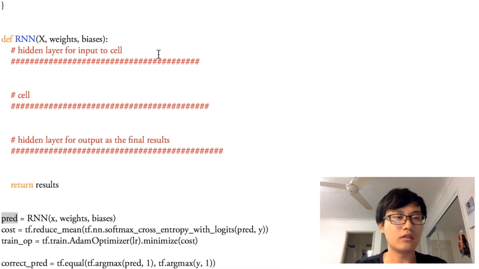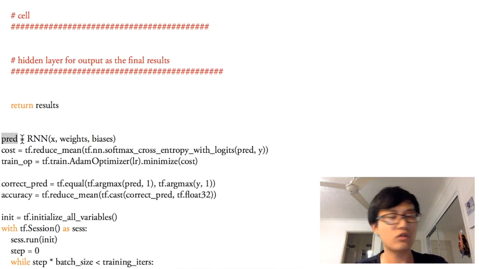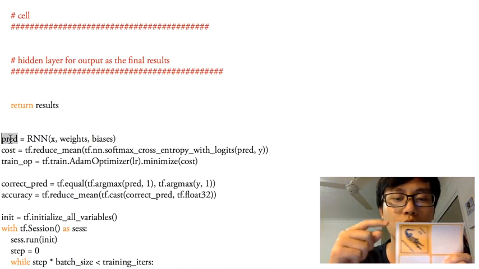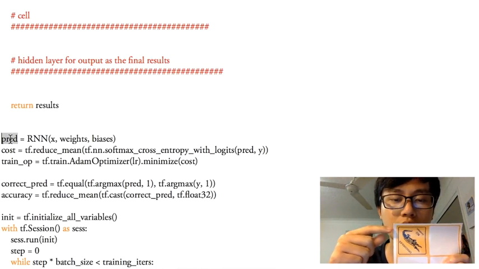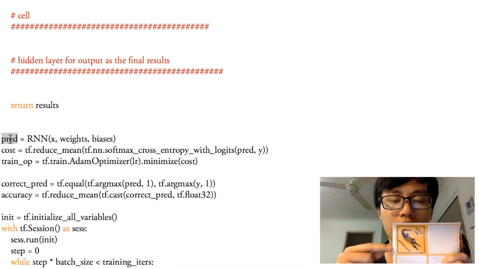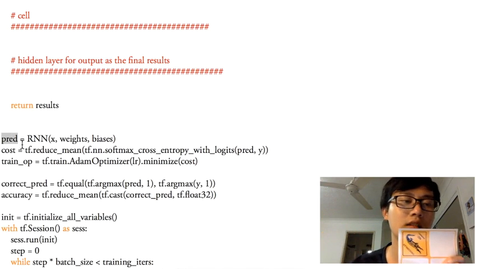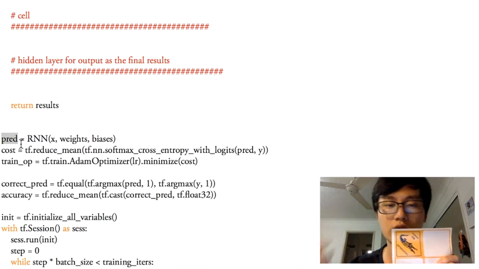Let's go back to the code. The prediction over here is made once we have read through all the rows in this picture and concluded what is in this picture, which class it is, from digit 0 to 9.